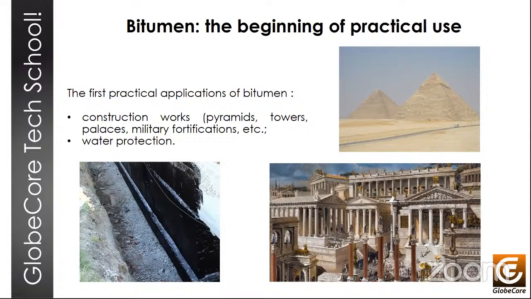The ancient Romans also used bitumen for construction work and for water protection. However, bitumen wasn't really used in the construction of roads for a very long time, until pretty much modern times. Even the Romans, who are famous for the road network they built in Europe, made significant progress in road construction, but they did not use bitumen to its full extent.